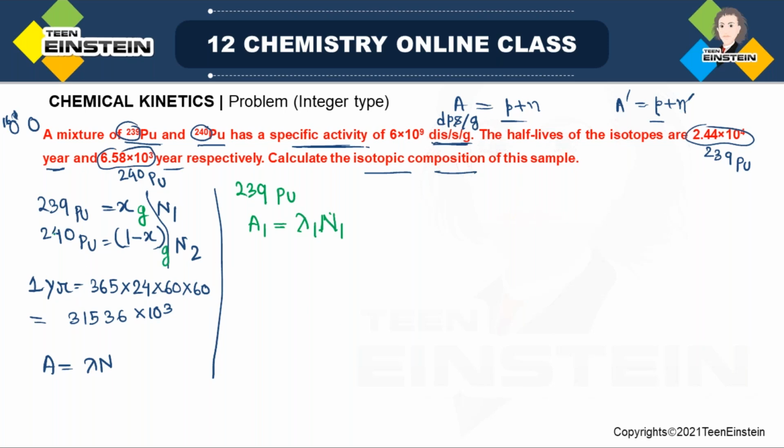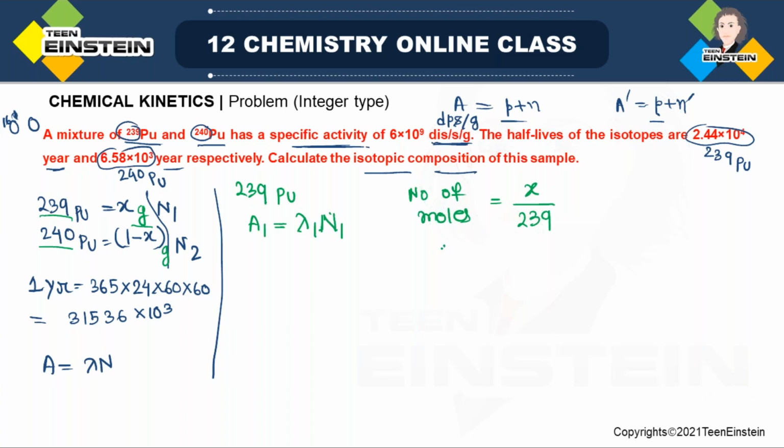Okay. Now the masses are 239 and 240. So what will be the number of moles for 239 Pu? It is X divided by 239, that is the number of moles, given mass divided by molar mass.